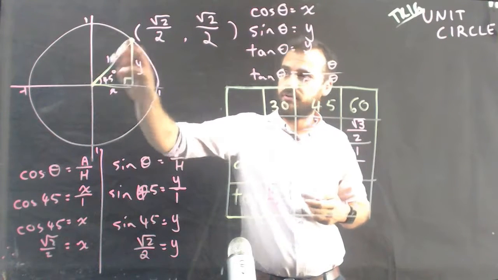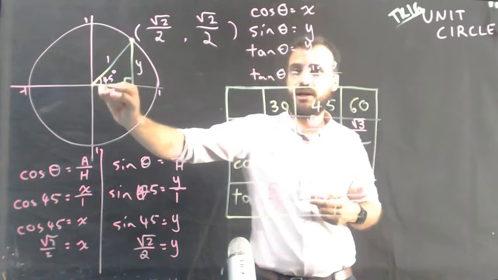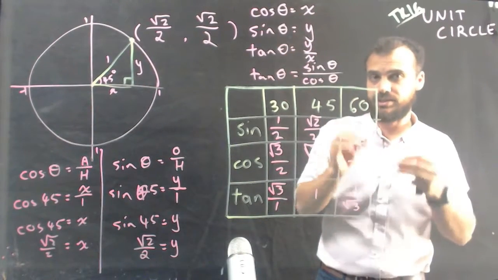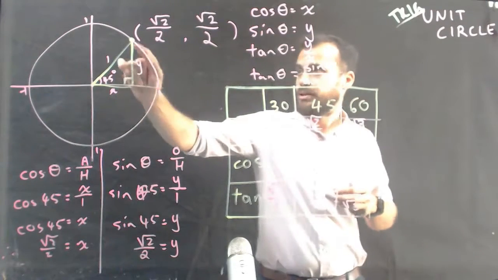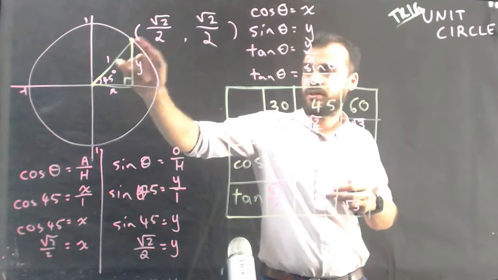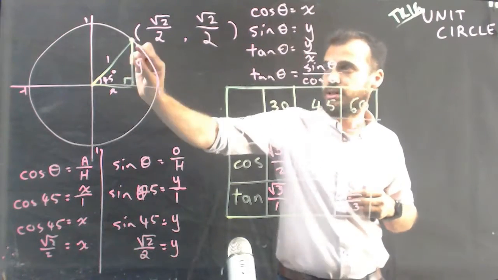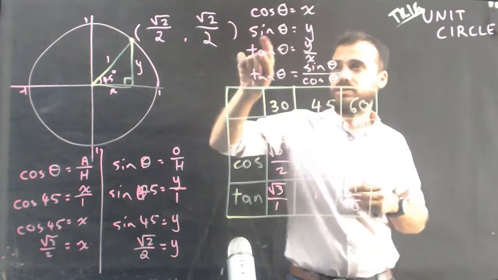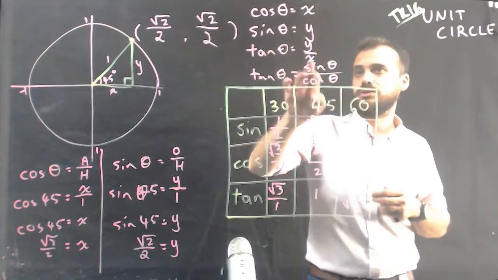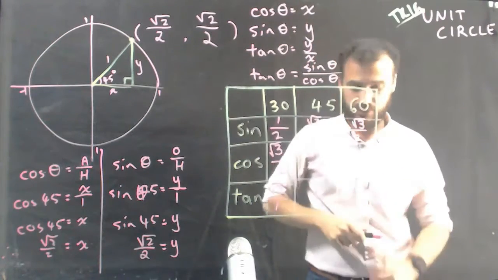Then we drew a 45 degree angle triangle, and we used that triangle and our knowledge of our standard triangles to figure out where that dot would sit. From that, we now know that cos theta is equal to x anywhere on this circle, sine theta is equal to y anywhere on this circle, and tan theta is equal to y on x, or sine theta on cos theta, anywhere on this circle.